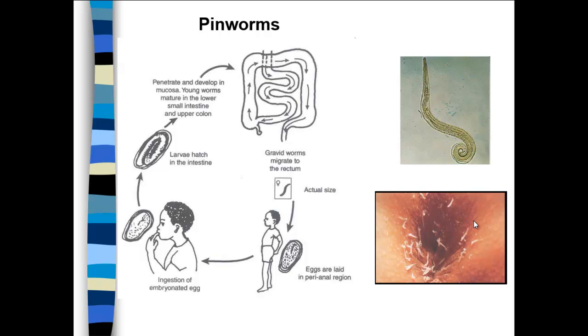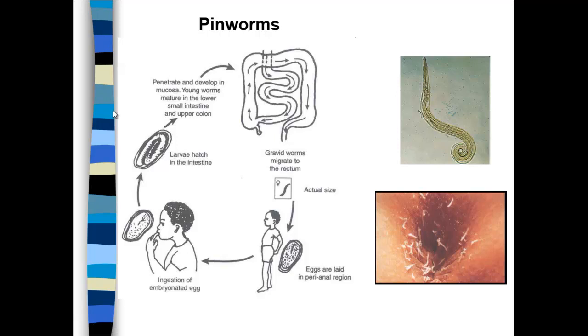And so here's an individual who ingests some embryonic eggs, digging in its bottom, no hand washing, goes from anal to oral. Larvae are hatched in the intestines.